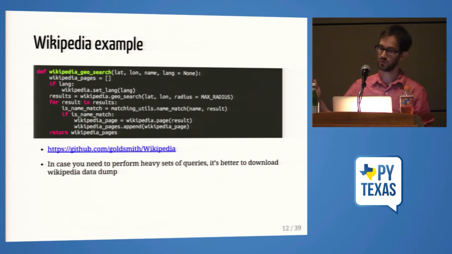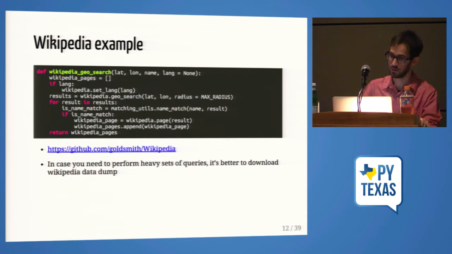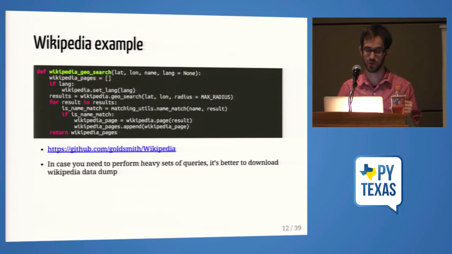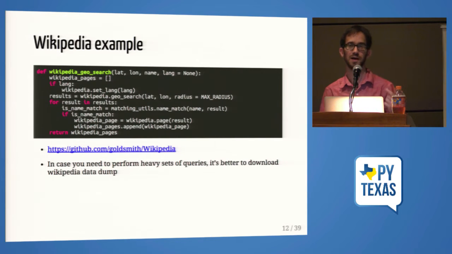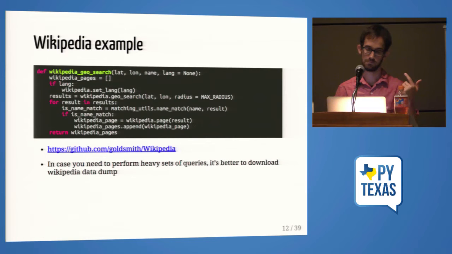This is just an example of using the Wikipedia API. You send to Wikipedia the latitude and longitude of a point of interest, such as the Golden Gate Bridge, and start searching for articles that are similar to what you're looking for.